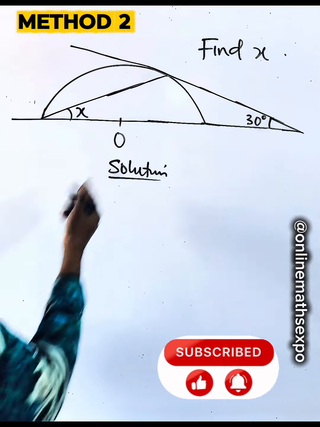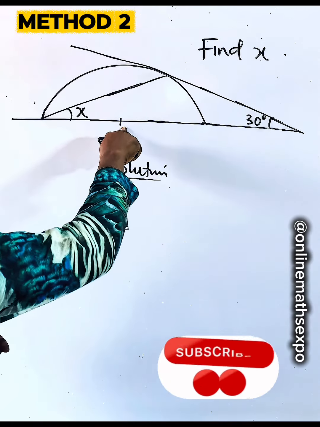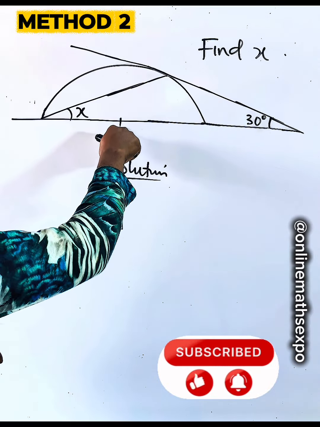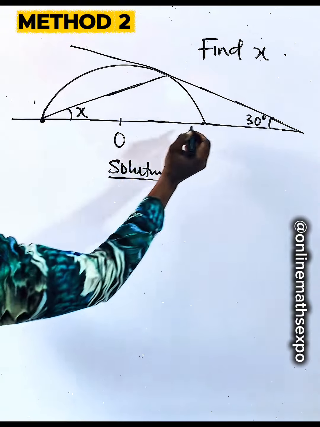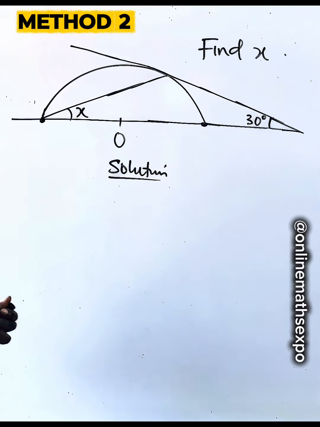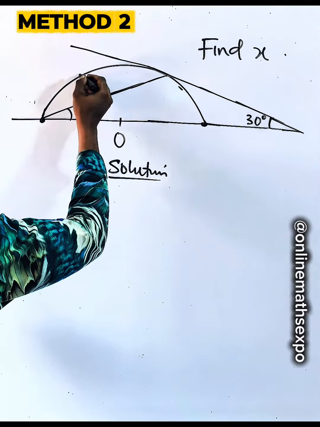Now, when you look at this carefully, like I told you, this O shows you the center of the circle. Now, what it means is that this line, just watch, from this end to this end is the diameter, because this has formed a semicircle. Did you see that?